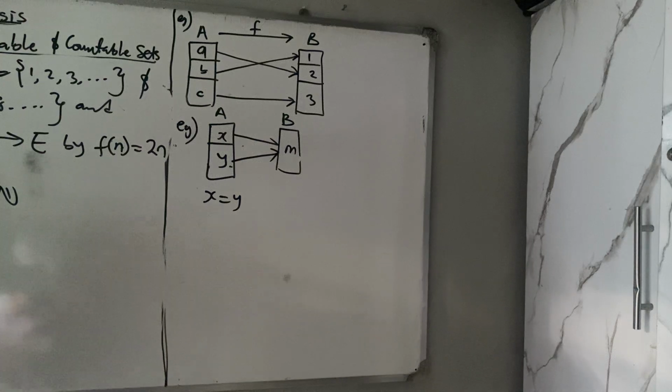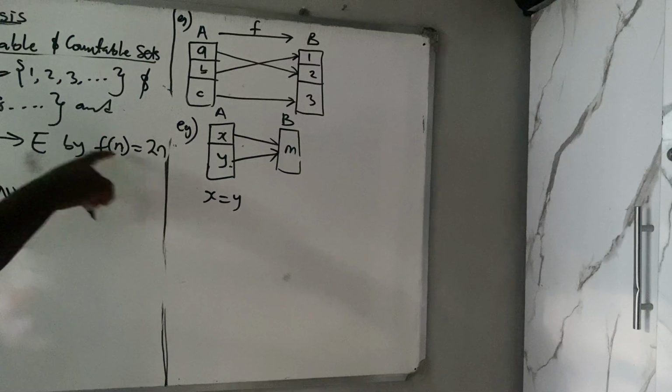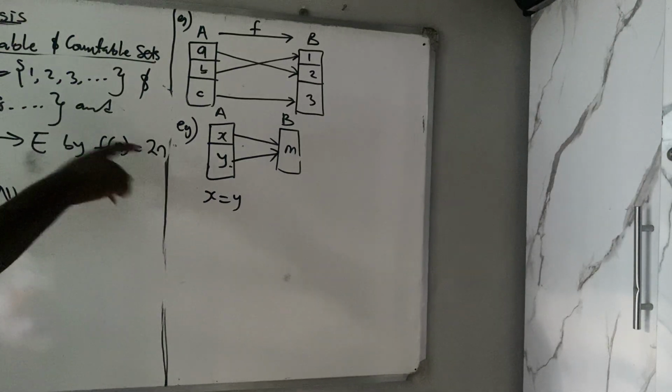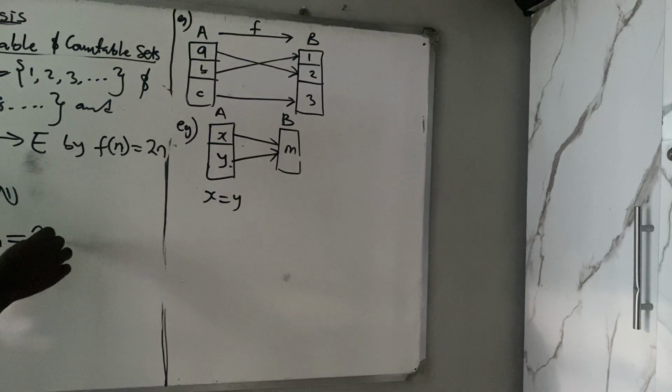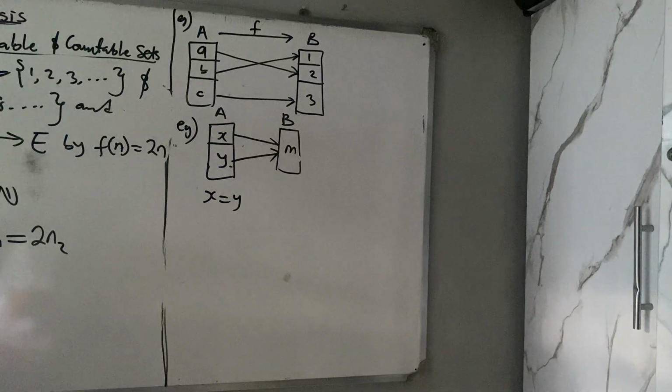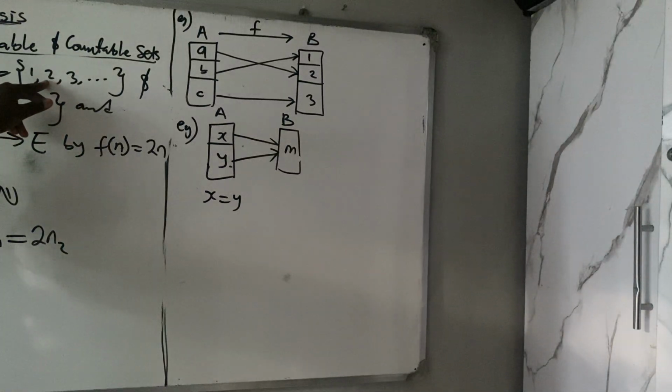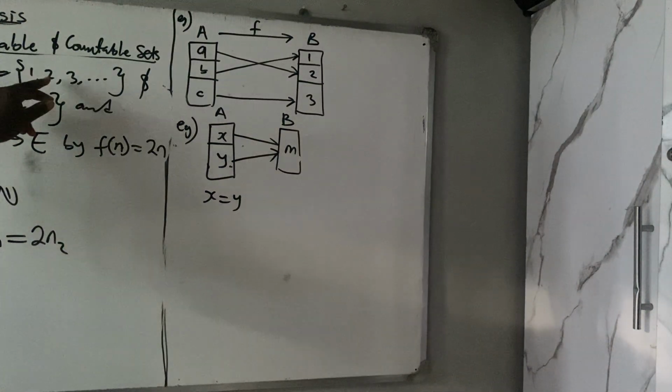If we are picking any two elements here, and then we now say that n1 is not equal to n2, we are picking two distinct elements here. You will notice that if I put the n here, it is obvious that 2 multiplied by that number will not be equal to 2 multiplied by the other number. Pick any two elements here and multiply by 2. They will not be equal. If I pick 2 and 3, 2 times 3.